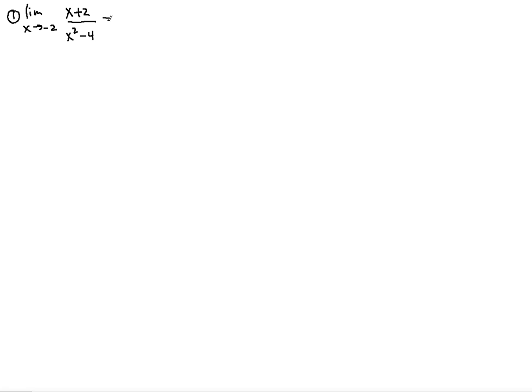So notice that even though we have an indeterminate form, 0 divided by 0, we can still avoid L'Hopital's rule by factoring the bottom, like this: x plus 2 times x minus 2, right? And then that way you will have x plus 2 cancel, and then you will wind up with simply x minus 1 over x minus 2.